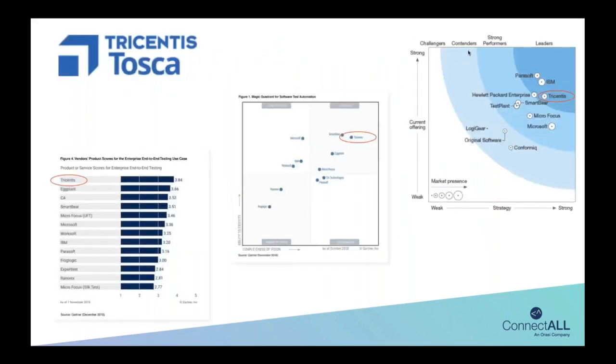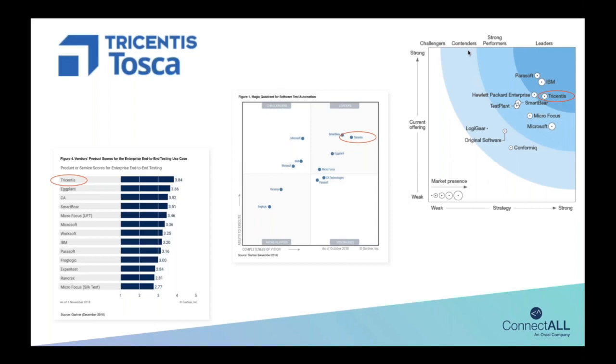Another thing that's interesting to me about Tricentis Tosca is that Gartner, IDC, and Forrester place Tosca in their leadership quadrants, the only tool in the leadership quadrant in all 3 research companies. And Tosca's achieved this triple crown, so to speak, 4 years running. I think that's a really big deal. It's just evidence of the strength of Tosca, and I'm glad they got that recognition.